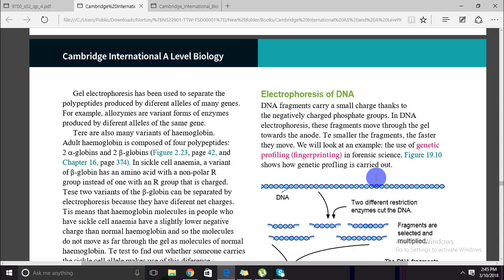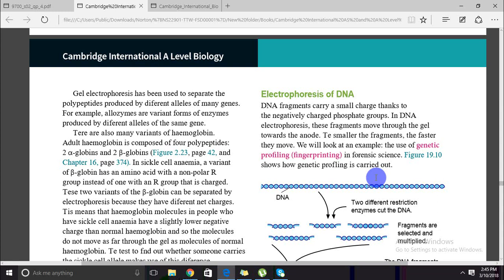For example, allozymes are variant forms of enzymes produced by different alleles of the same gene. So, adult hemoglobin is composed of 4 polypeptides, 2 alpha globin and 2 beta globin. And in sickle cell anemia, a variant of beta globin has an amino acid with a non-polar R group instead of one with an R group that is charged.